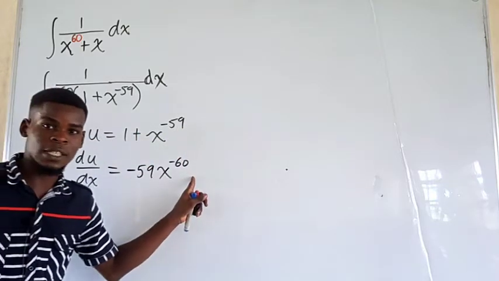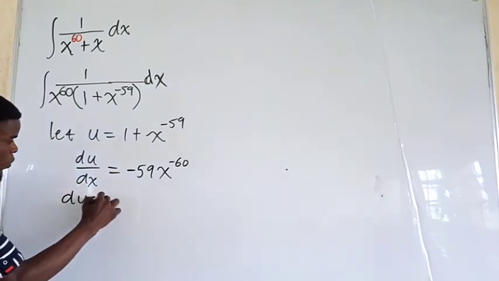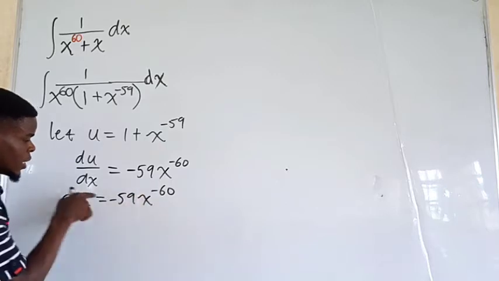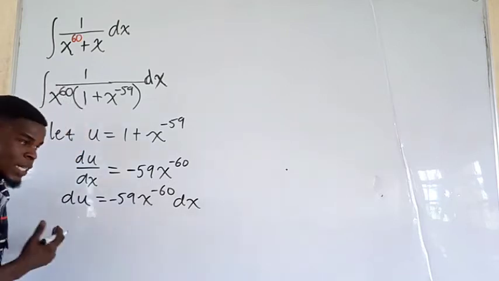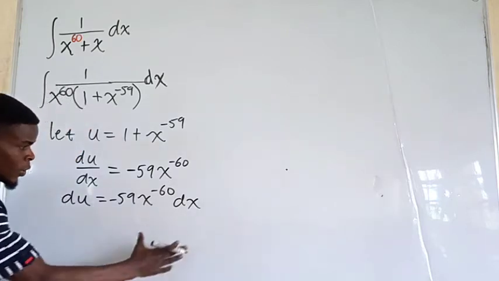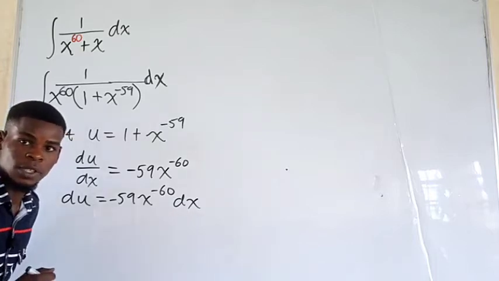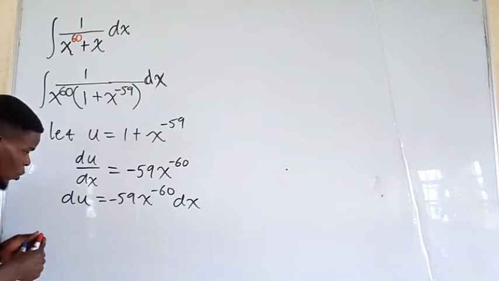That will become negative 60, like that. Okay, so this means that du is just negative 59 x to the power negative 60 dx. In fact, let me just finish it off. You want to make a substitution for dx, so we need to make dx the subject of the formula. That means we're going to divide both sides by the whole of this.